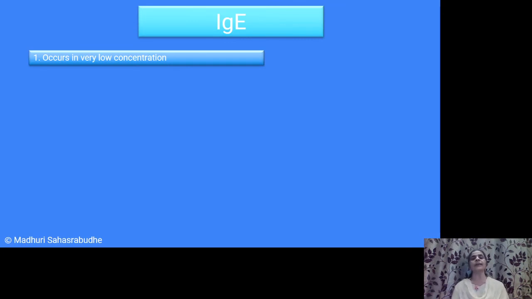Before we go into the details, IgE was found for the first time by two scientists, Ishizaka and Ishizaka, when they were performing an experiment of transferring immunity from one person to another person against fish.